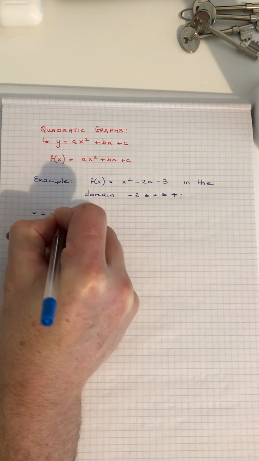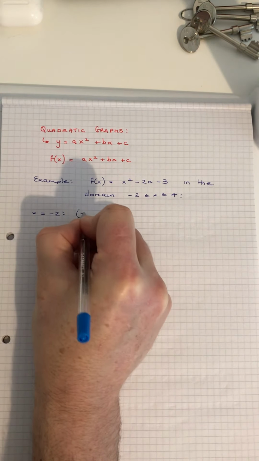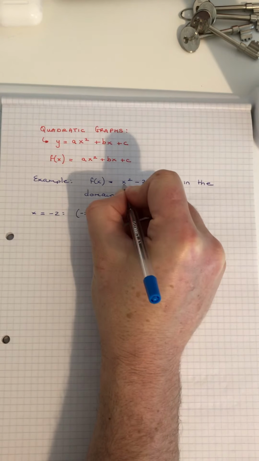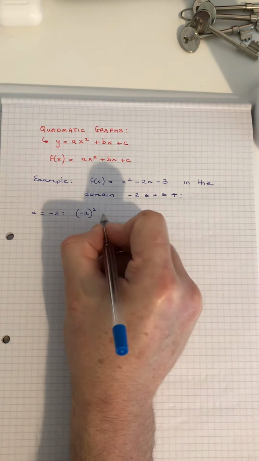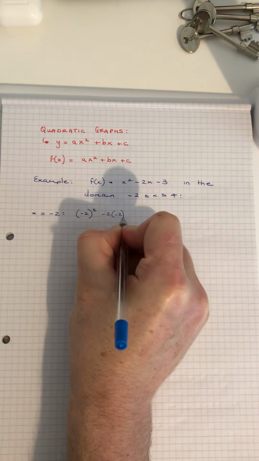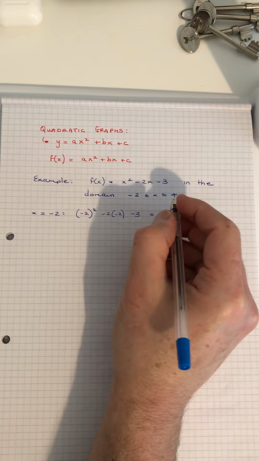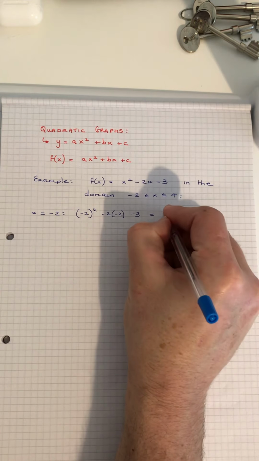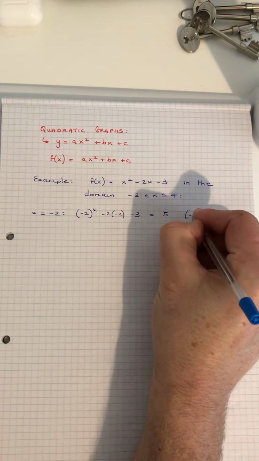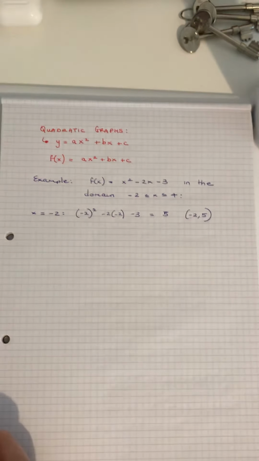But here's the same process. So if x is minus 2, I'm taking out x and putting in minus 2. Minus 2 times minus 2 minus 3, which is equal to, use your calculator and you'll get 5. Okay?